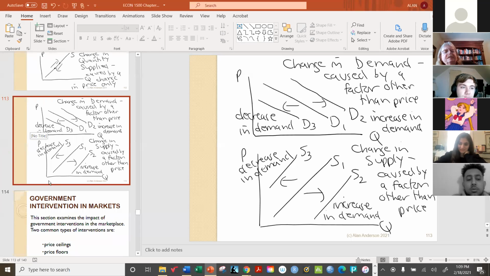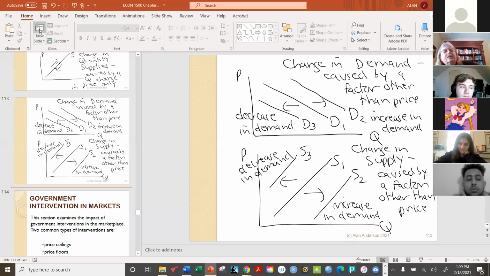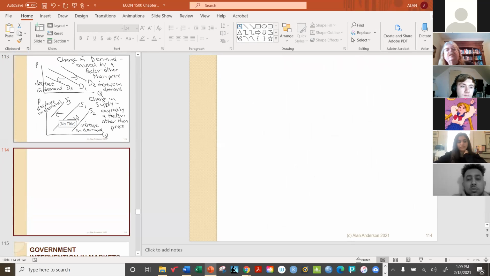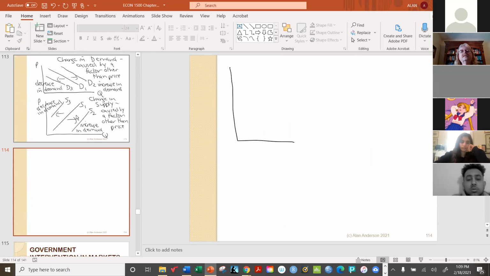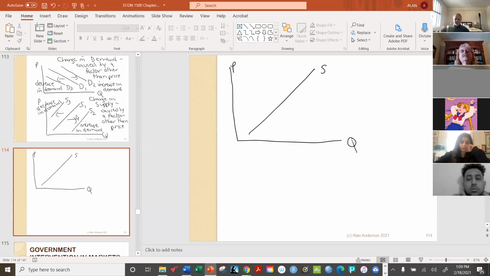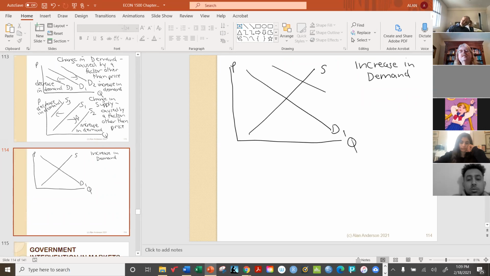So here we go. When we bring them together, there are 4 cases that we need to be aware of. Okay, we'll start with the increase in demand, which means a rightward shift.